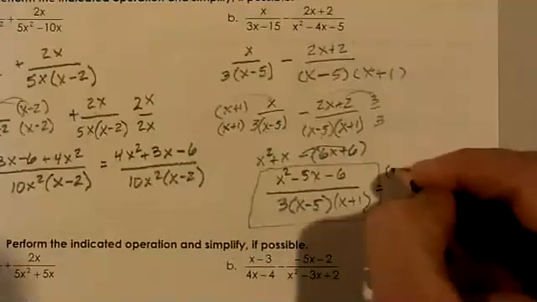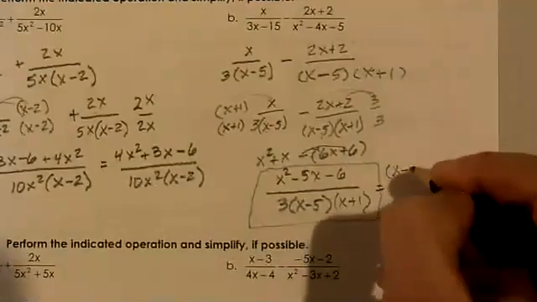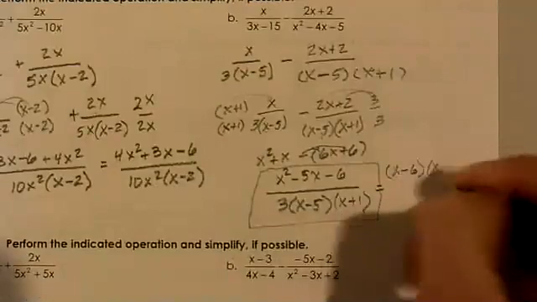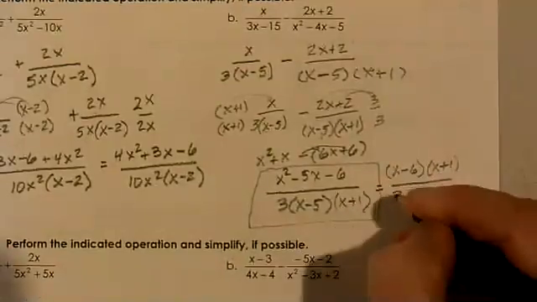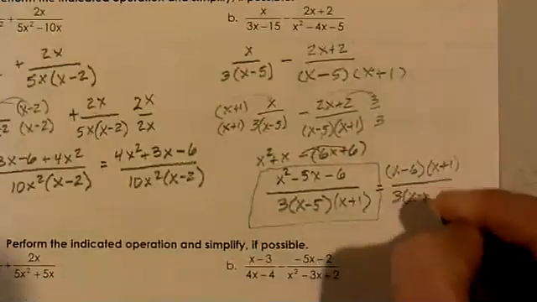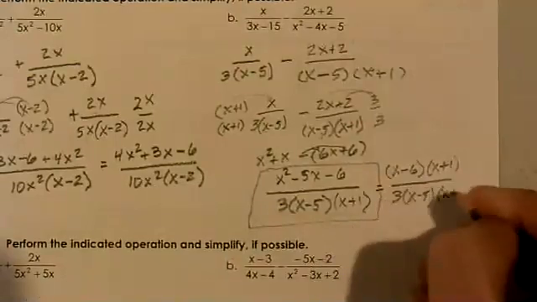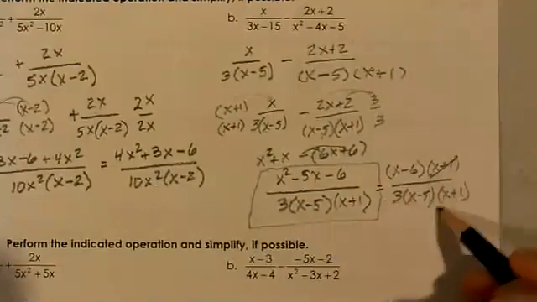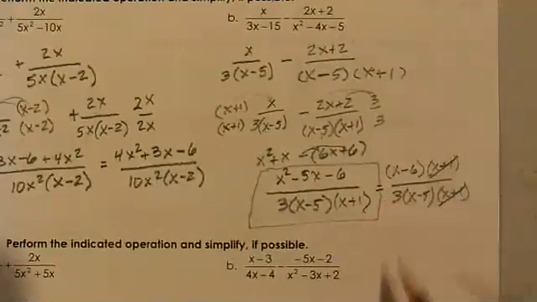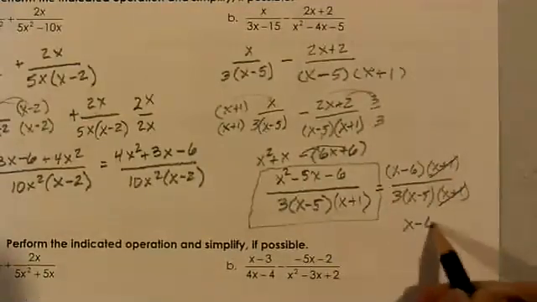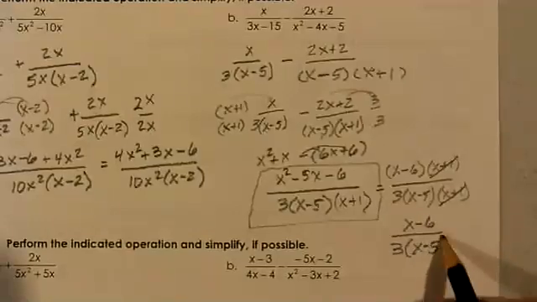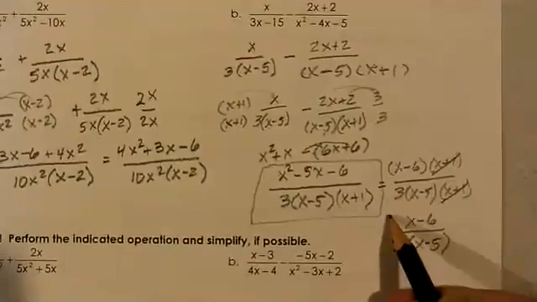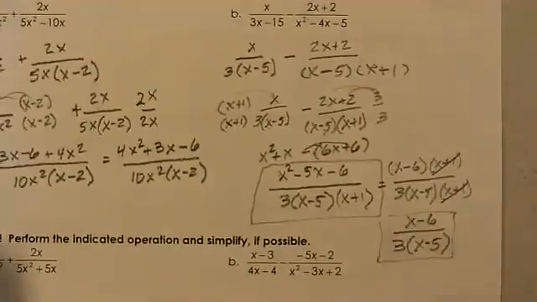All right, this guy here is x minus 6, x plus 1. This is still 3, x minus 5, x plus 1. Those can cross out. So your best answer is actually this. That's the most simplified fraction.